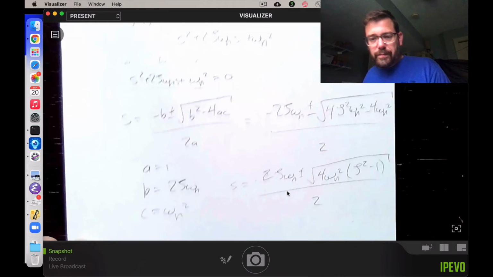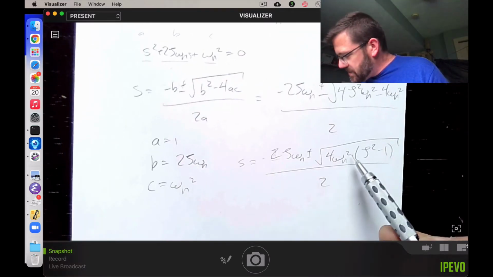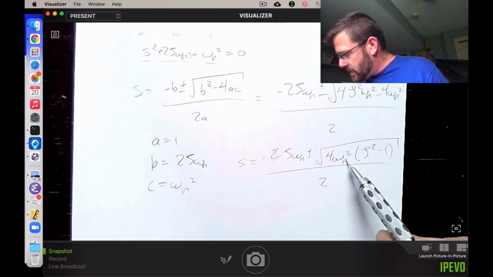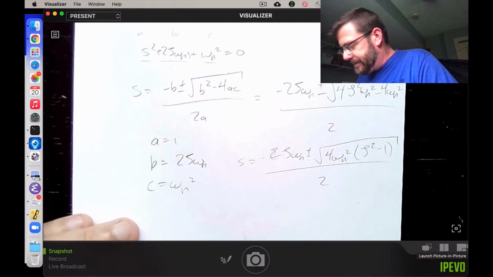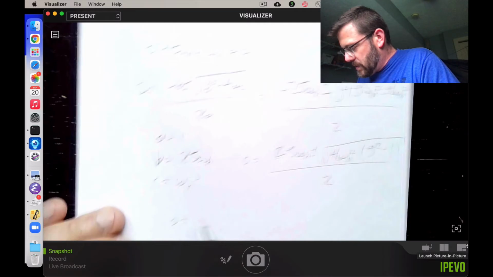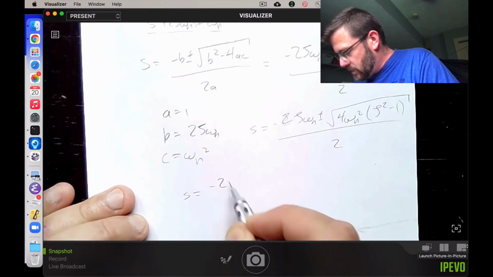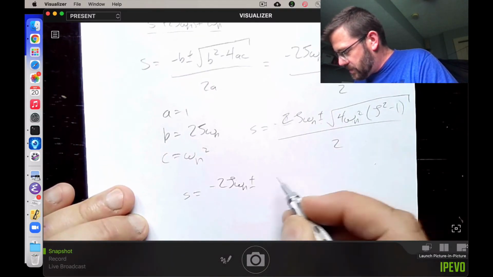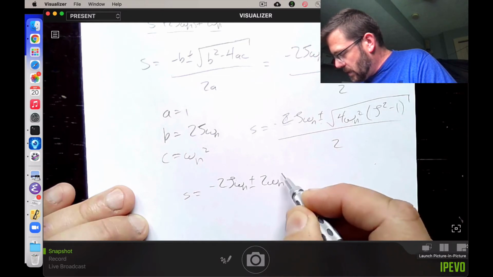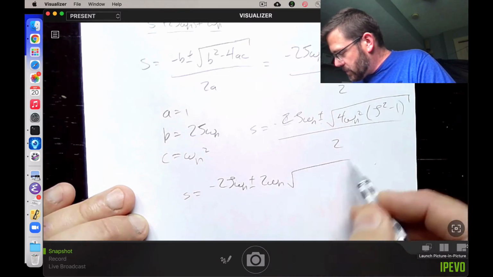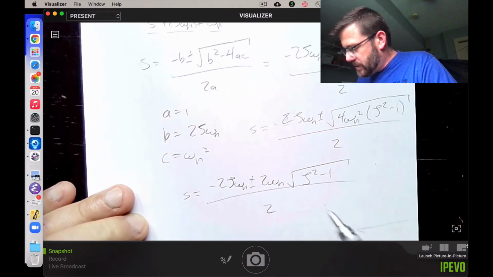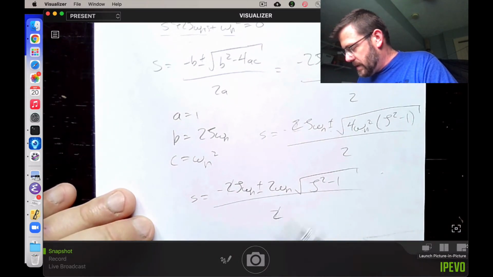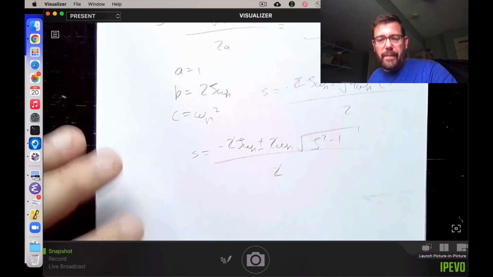And then if I take this term, 4 omega n squared, and bring it outside the square root, I'm going to end up with 2 omega n. So s is equal to negative 2 zeta omega n plus or minus 2 omega n times the square root of zeta squared minus 1, all divided by 2. So I can get a 2 out of everything.